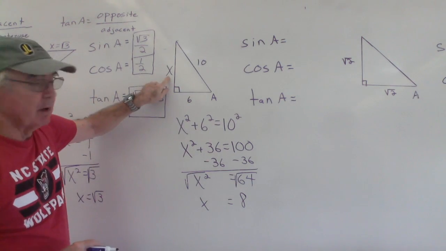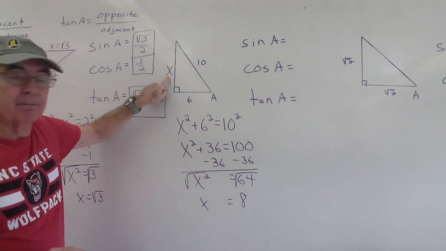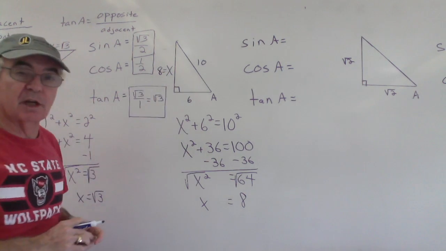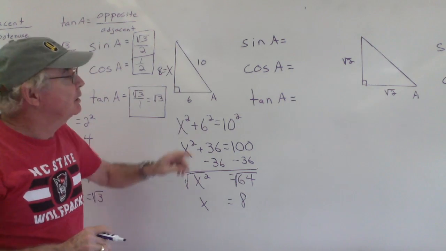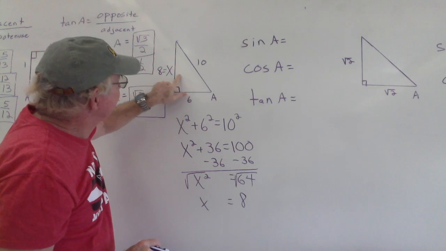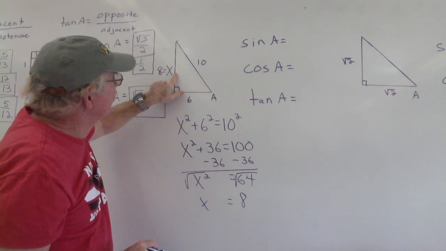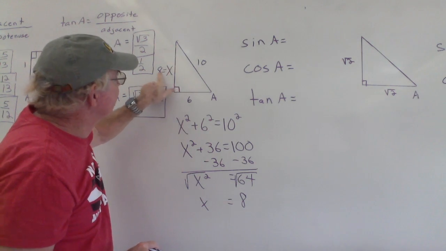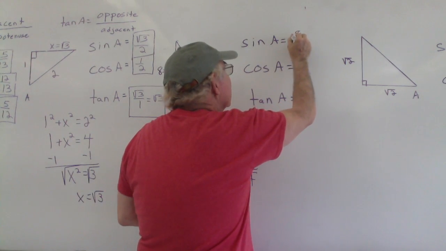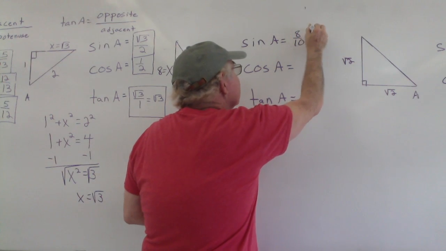So we put 8 right here. Now we apply our definitions again. The sine is the opposite over the hypotenuse. So that'd be 8 over 10. And we'll reduce.